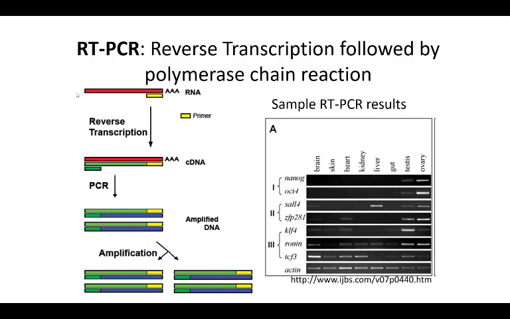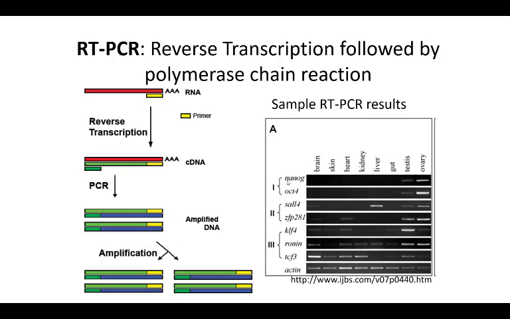RNA is isolated, and an enzyme called reverse transcriptase is used to make a DNA copy of that RNA. Once you have the DNA, then you can amplify it by PCR, and you use primers that are specific to a particular gene. Generally RT-PCR will give a present or absent result.